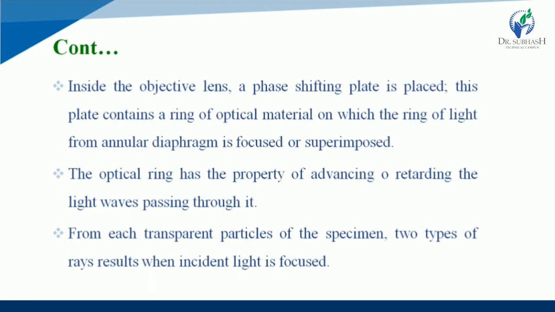Inside the objective lens, a phase shifting plate is placed. This plate contains a ring of optical material on which the ring of light from the annular diaphragm is focused.